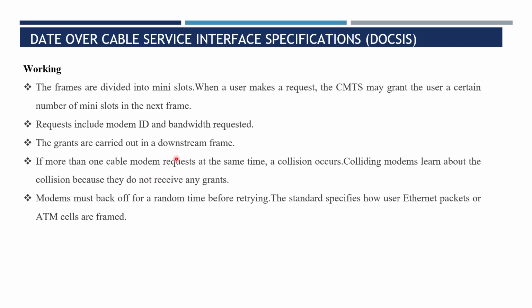To handle collisions, we have transmission techniques like collision avoidance and collision acceptance. The modems, which are modulators and demodulators, have a random time to send the slots and pick up the slots. These can be specified by using ATM sets.